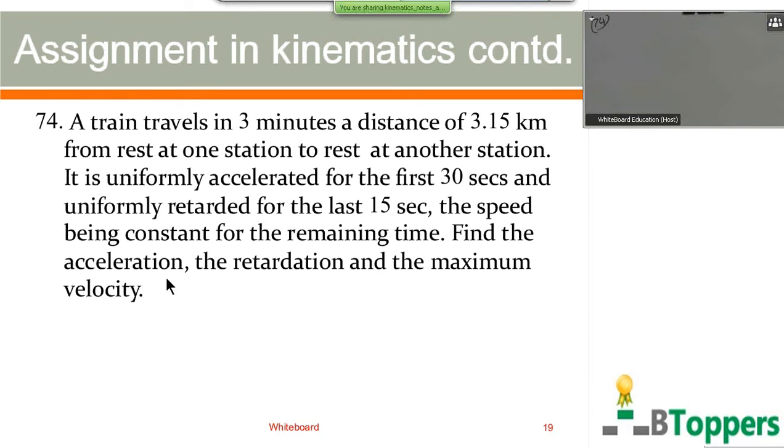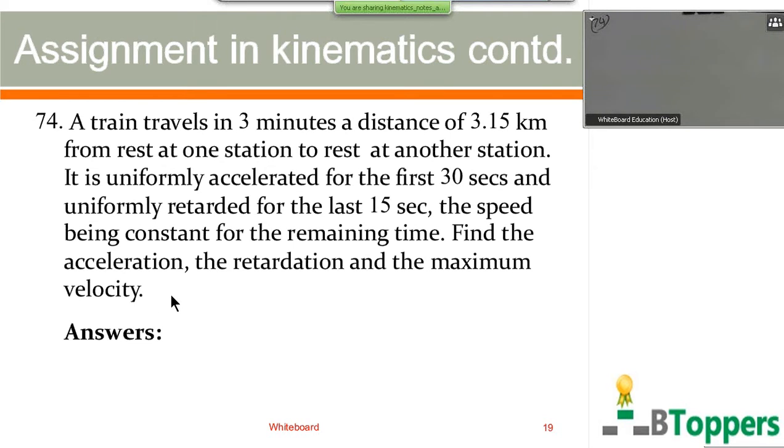Find the acceleration, the retardation, and the maximum velocity. This problem comes under special case 2, which I discussed in the previous class.